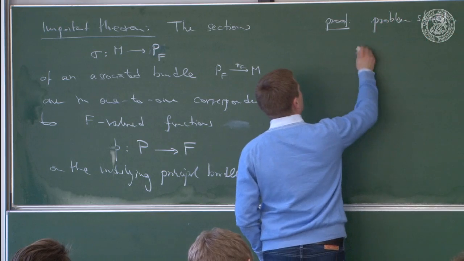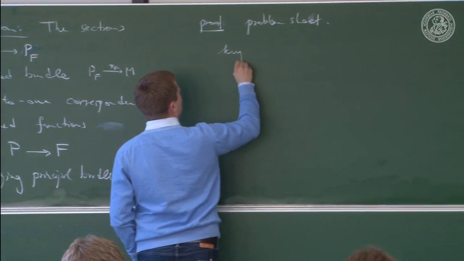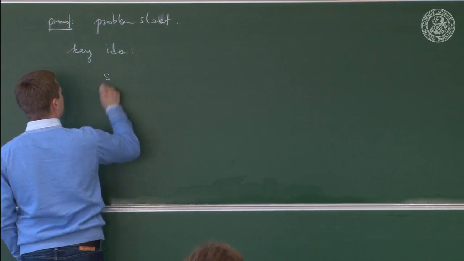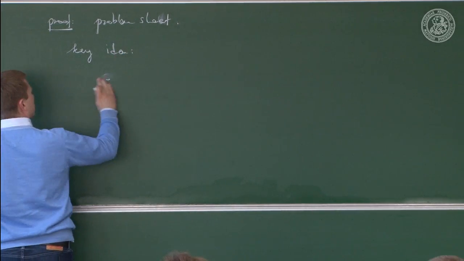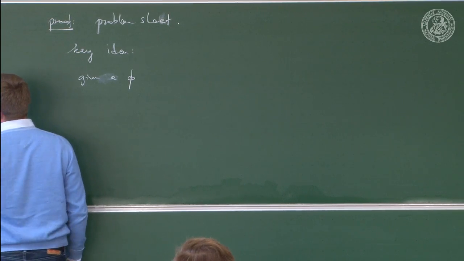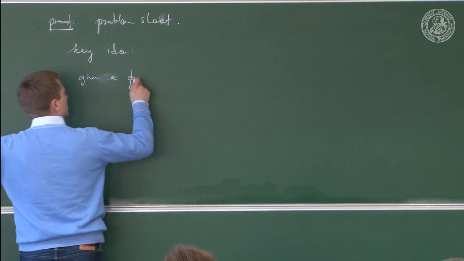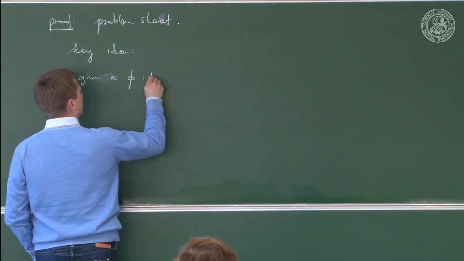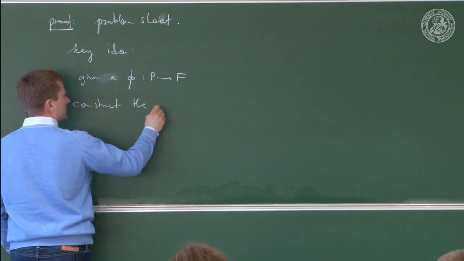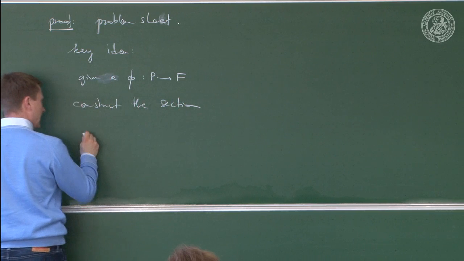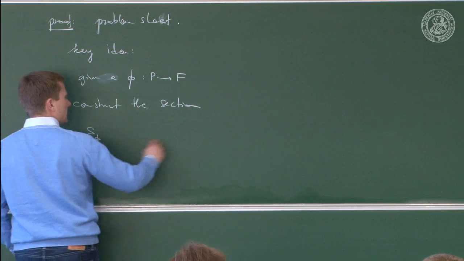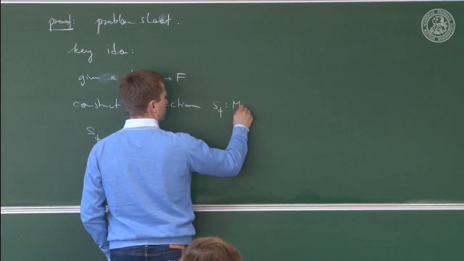The key idea is this. Given a phi from P to F, construct the section S sub phi, because it's induced from this phi, a section from M to P_F.